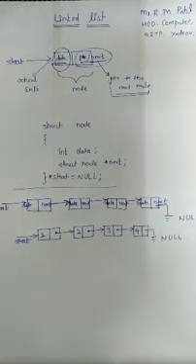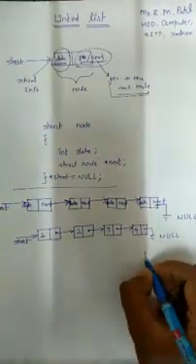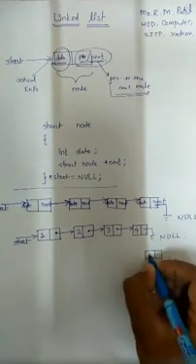Now we need to check what are the advantages of the linked list. The first one is that linked lists are a dynamic data structure. Unlike an array, a linked list can grow or shrink during the execution of the program. It means that in the linked list, if you want to add one more element, consider we have a fifth element, that is 5.